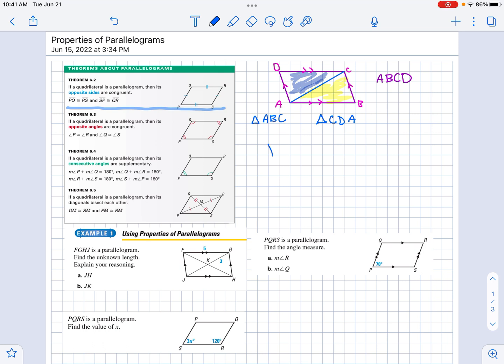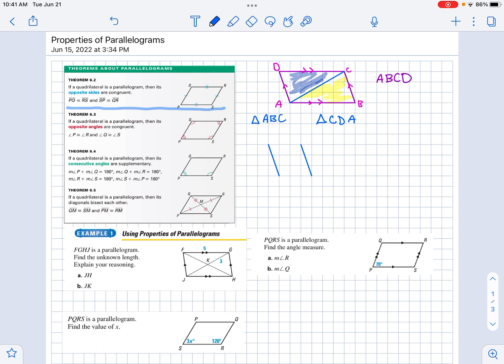So let me go down here. There's that segment here. I just moved it down, took it out of the clutter a little bit. And then I have another segment, BC. Let me move that down here as well. Okay, so I've got those segments down here.